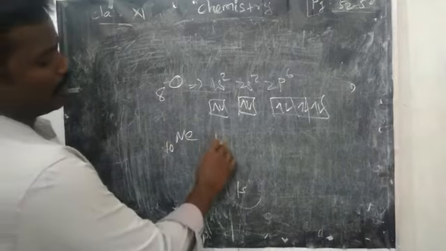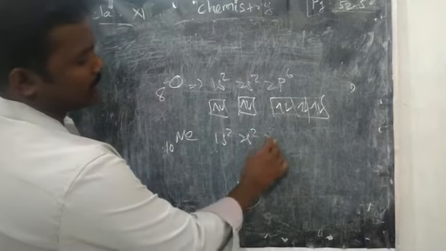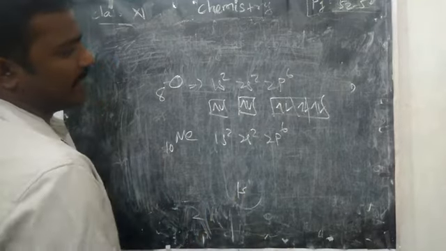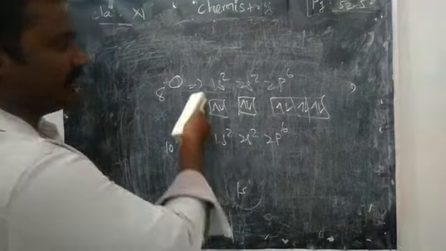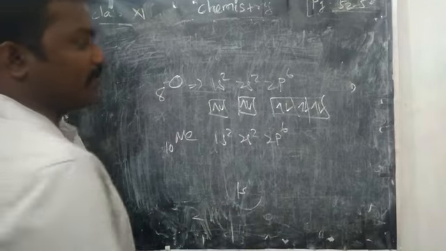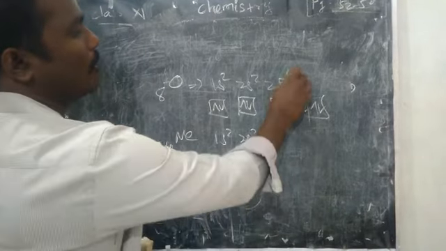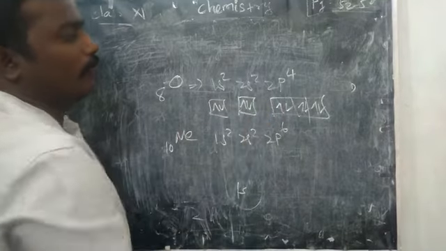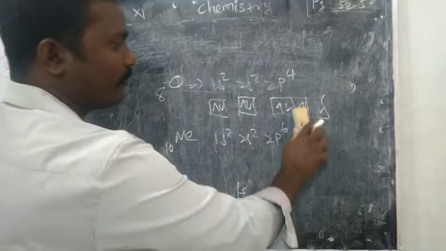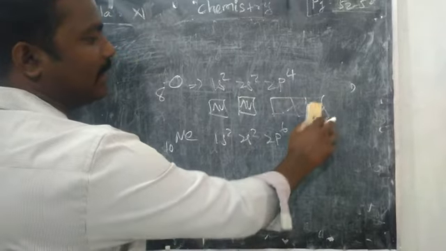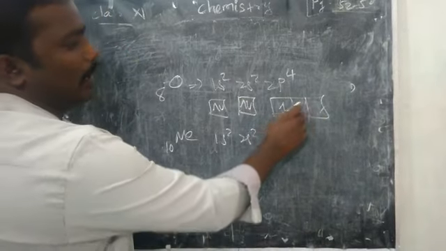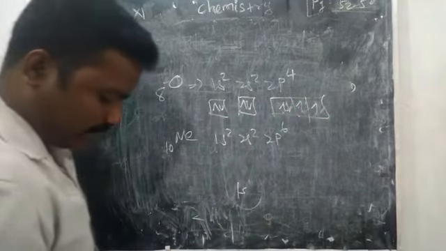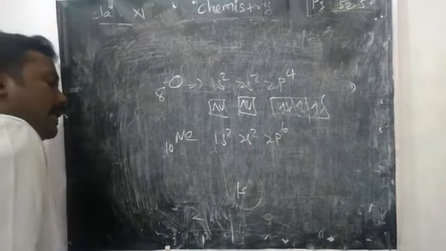Neon. 1s2, 2s2, 2p6. One minute, I made a mistake. Actually, this is the electronic configuration for neon; for oxygen it is 2p4 because the atomic number is 8. 2 plus 2 is 4, 4 plus 4 is 8. So how do you fill the electrons? 4 electrons in the p subshell, 1 2 3 4.